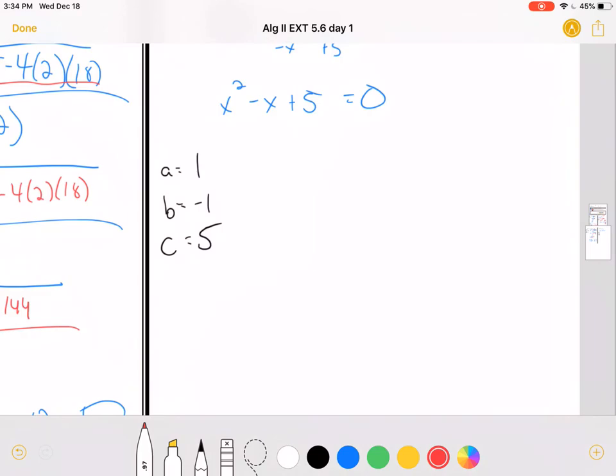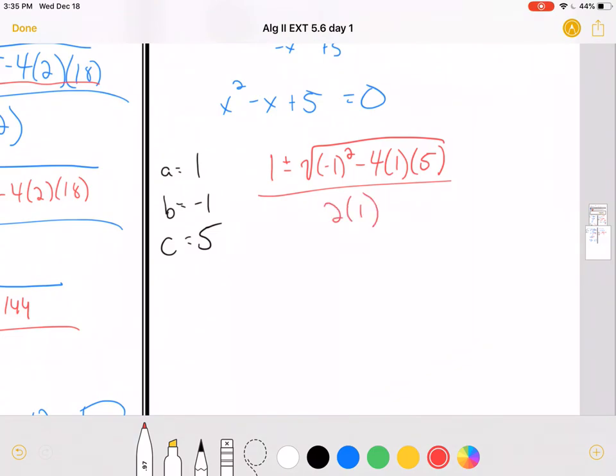Quadratic formula, x equals the opposite of b. My b value is negative 1, so the opposite of negative 1 is 1 plus or minus the square root of b squared, negative 1 squared, minus 4 times my a value, 1, times my c value, 5, all over 2a, 2 times 1.